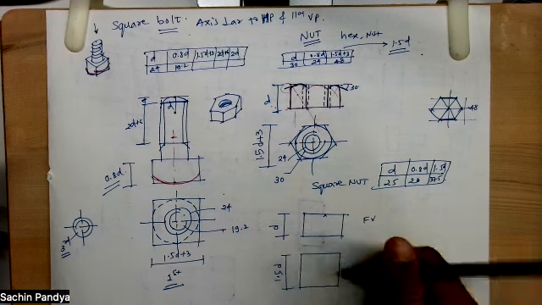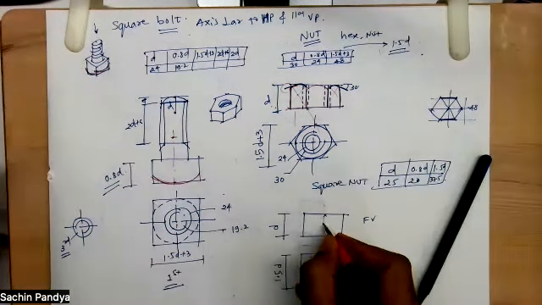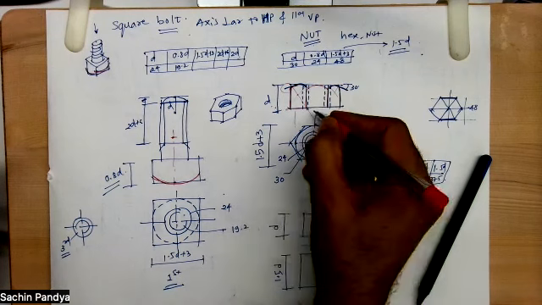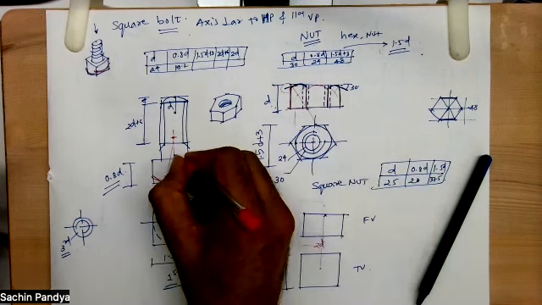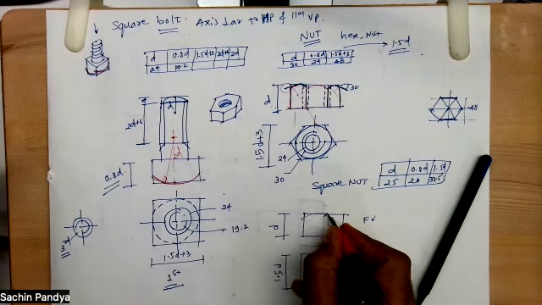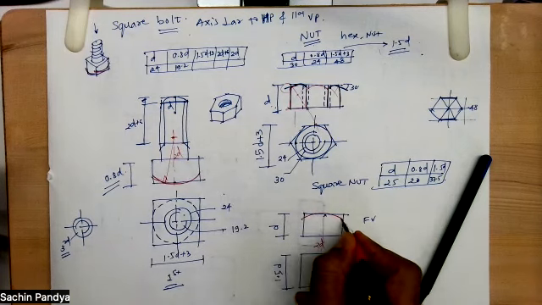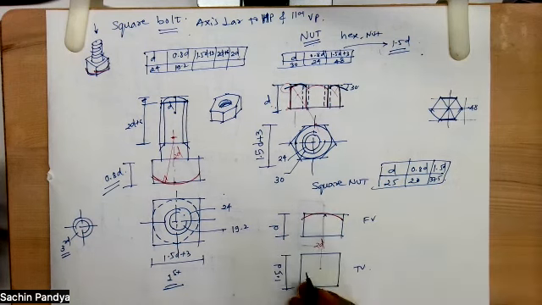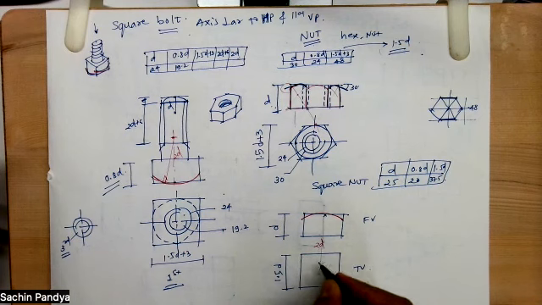Now, if they want to draw arc, what I have to do? From here, I will go down by 2D. Remember, here we did the 2D. Here also 2D. You take this distance and you draw arc. This is how you will get that radius. Then same method.